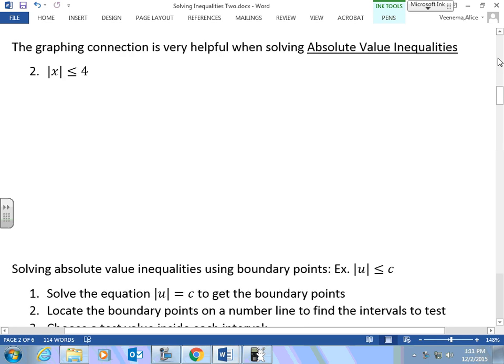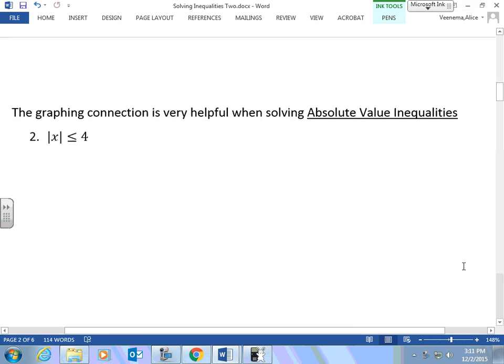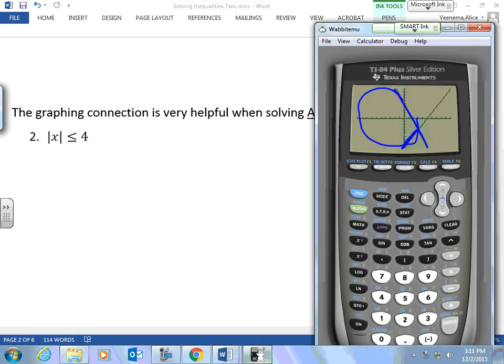So let's look at this inequality. The absolute value of x is less than or equal to 4. So one thing that we could do is look at the graph of that. So if I bring back up the calculator and erase the marks on here and go back to y equals and clear both of those equations out and instead go to the absolute value of x.